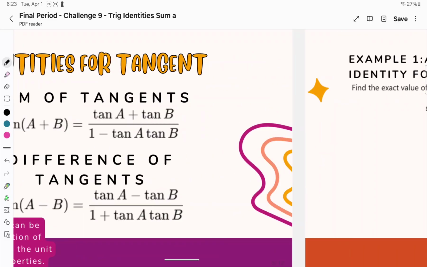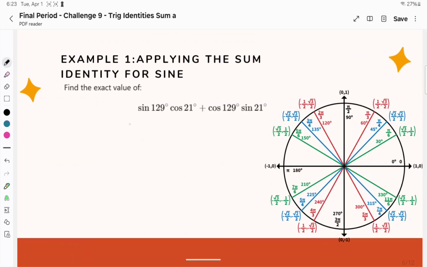written on my expression. We can rewrite it as, here, this is my angle A, this is my angle B, 129 is A, and 21 is B. So according to the formula, this would be equal to sine of the sum of A plus B, right?